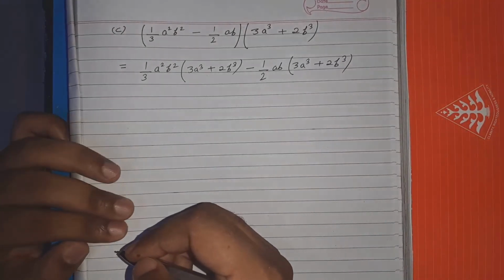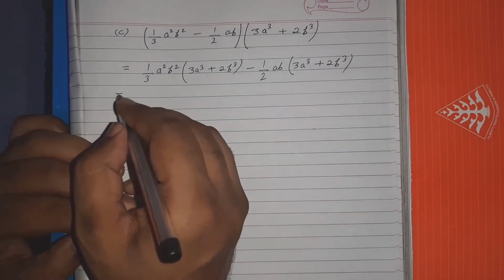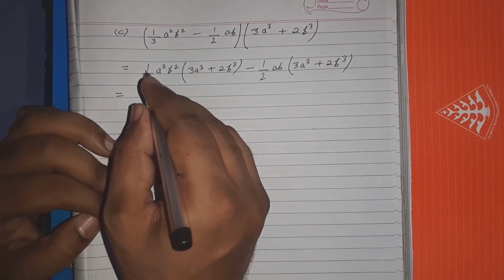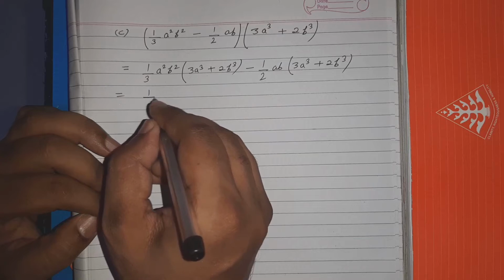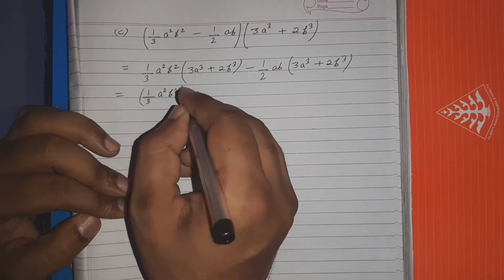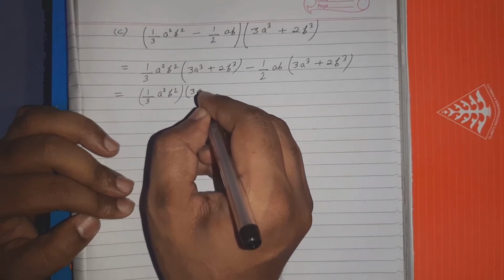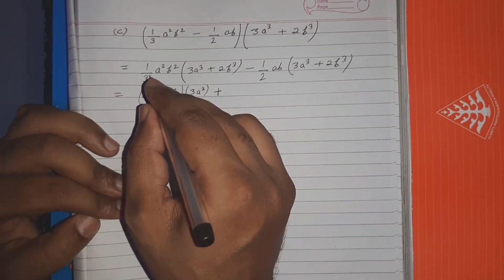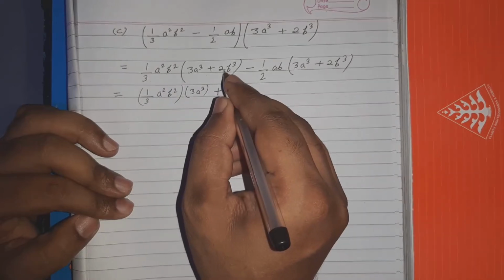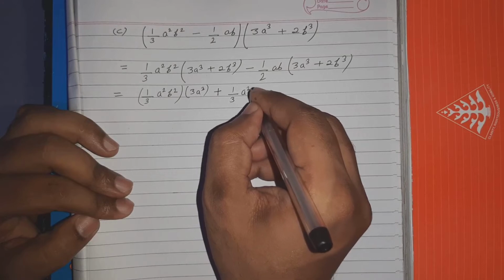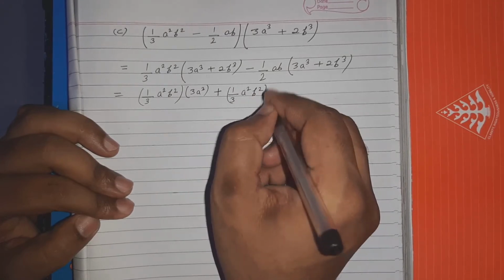Now we will simplify these two brackets. So 1 by 3 a square b square multiply by 3a cube. Then 1 by 3 a square b square multiply by 2b cube.